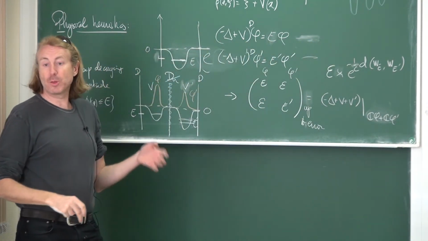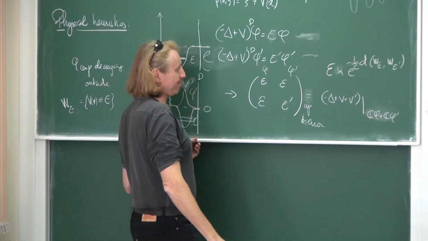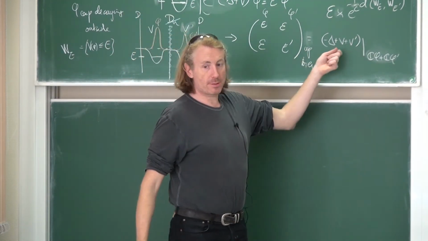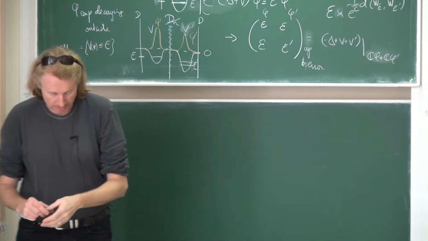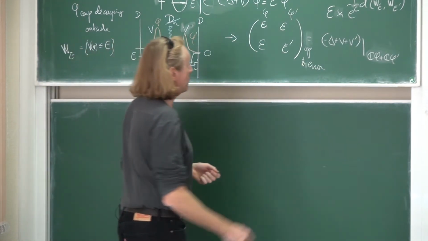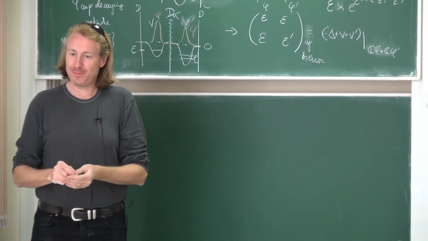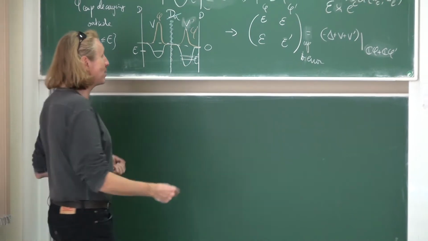You take the span of phi and phi prime, and you look at the operator restricted to this vector space. Now we just have a 2 by 2 matrix. So what's the spectrum of this 2 by 2 matrix?